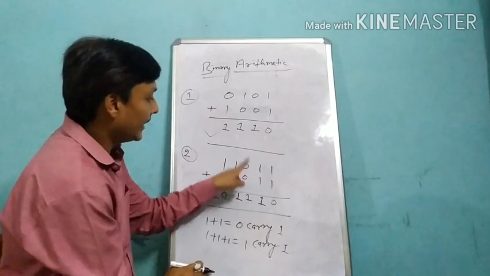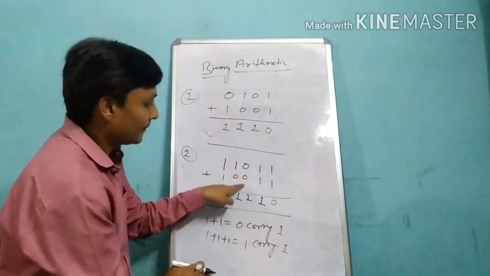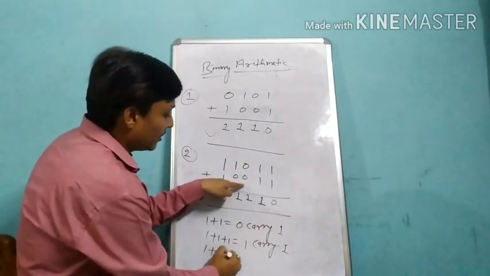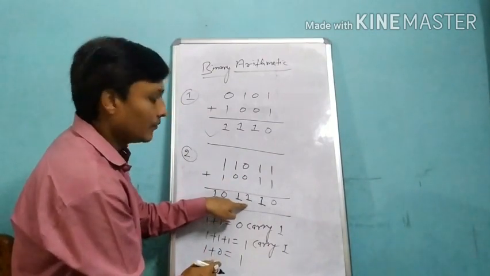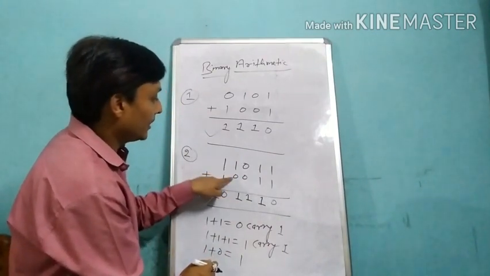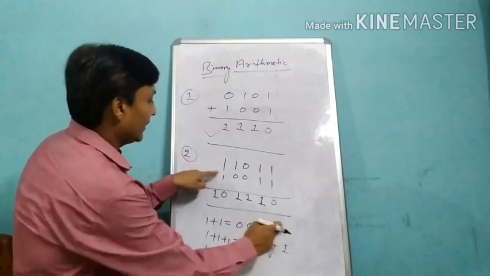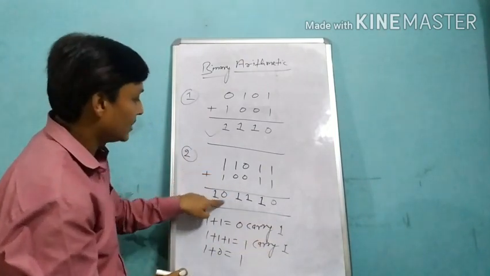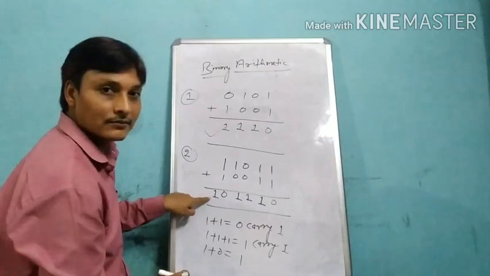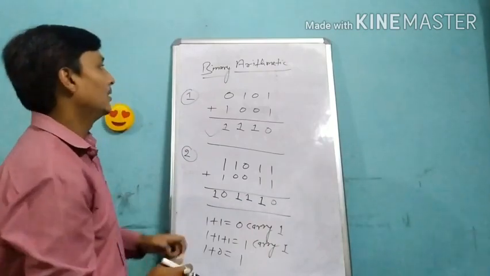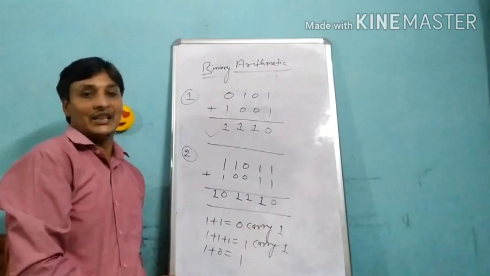So 1 carry 1, so 1 plus 0 is your 1. I have written 1. Again 1 plus 0 equal to 1. I have written 1. 1 plus 1, 0 carry 1. Is that clear? It's your normal binary addition.